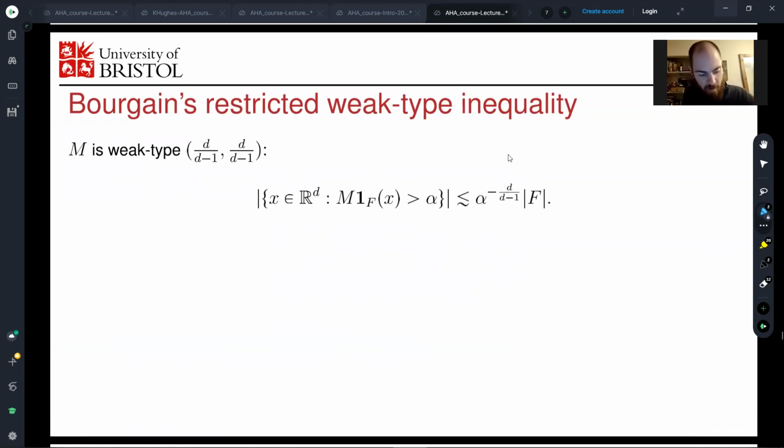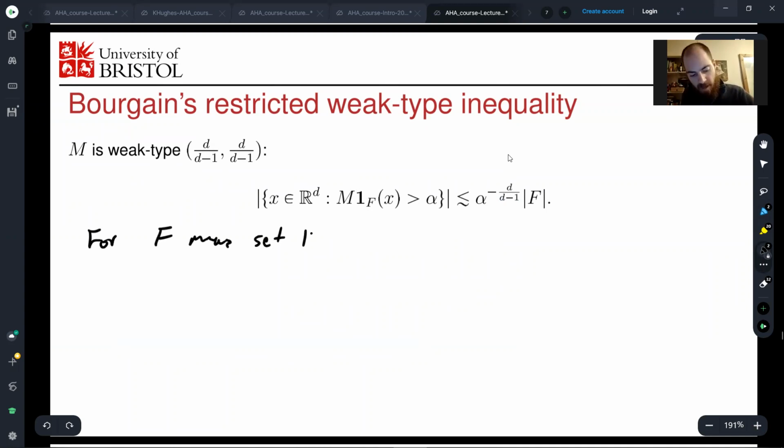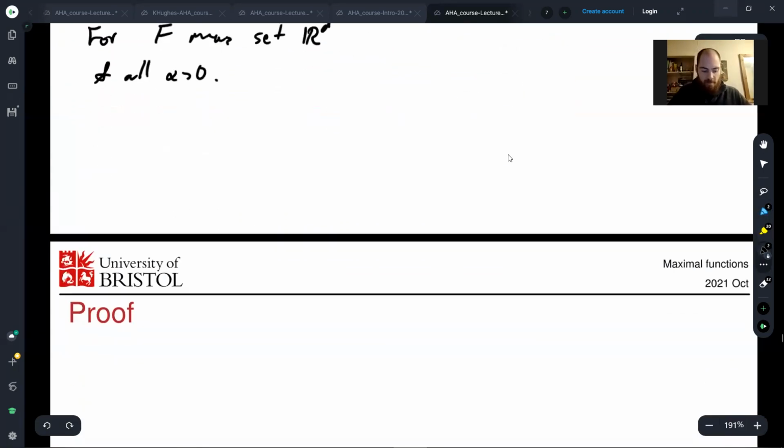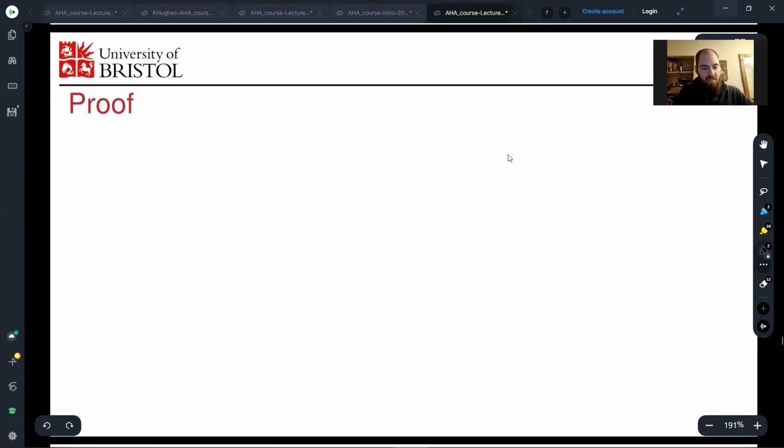This is for F a measurable function, and a measurable set in R^d, and for all positive alpha. The proof of this is really quite nice. Yeah, it's one of my favorites.